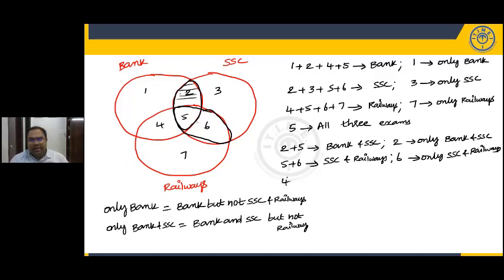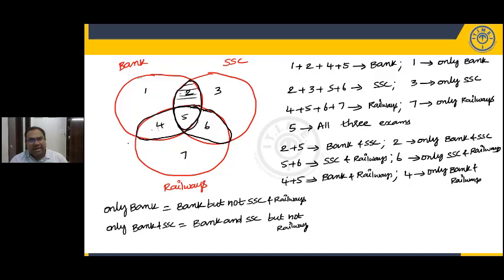Okay, 4 plus 5, this region, 4 and 5. Bank and railways. Alright, so what is 4? Only bank and railways, this portion. Or I can say bank and railways but not SSC.